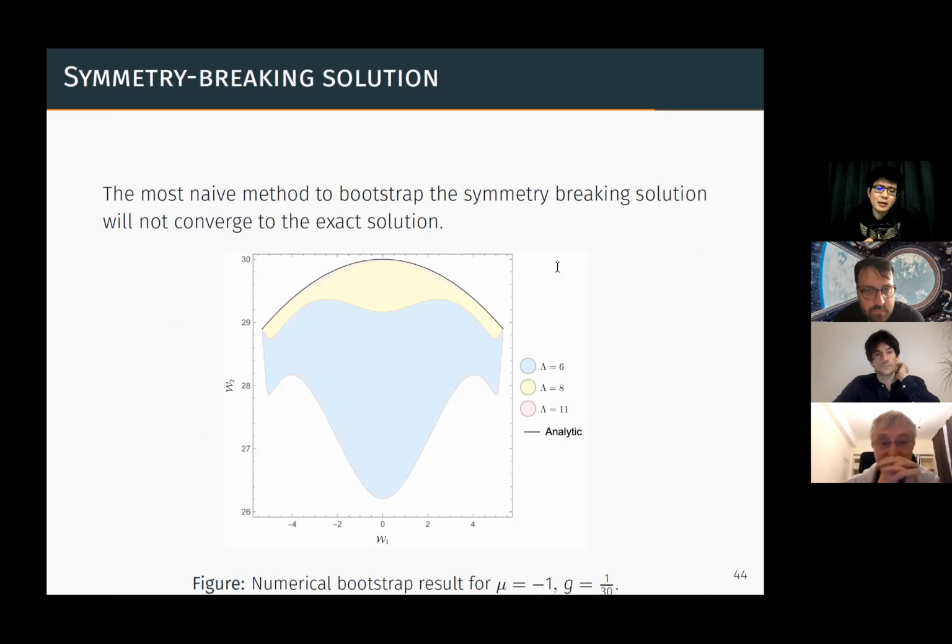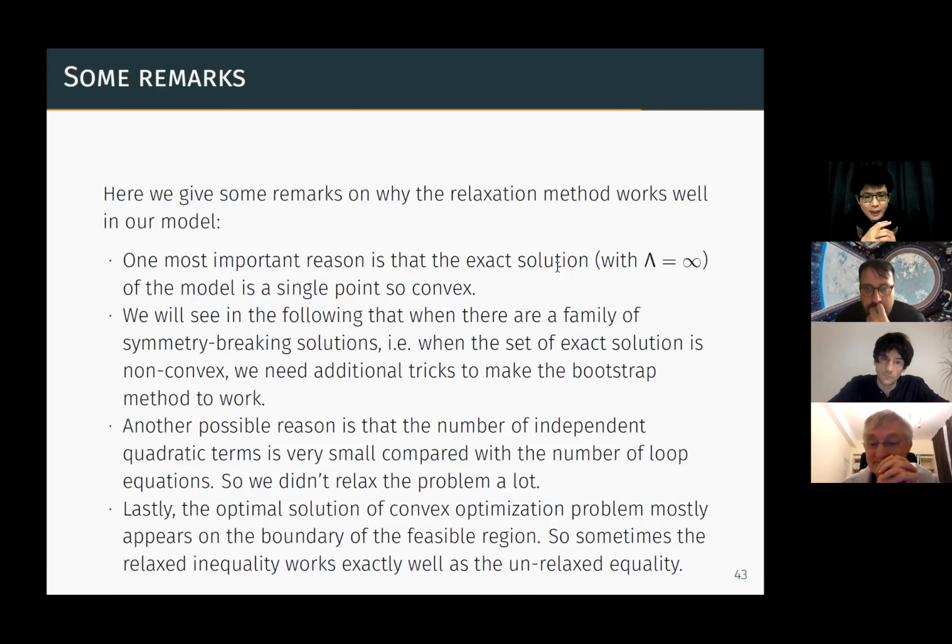Through the relaxation, at most we can get a convex hull of the curly curve, so there is no way that it will converge to the exact solution. We need some additional tricks to deal with this symmetry breaking solution. But it seems we don't have enough time to describe the symmetry breaking case, so interested audience could refer to our paper after our talk.